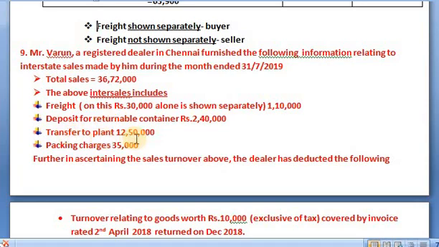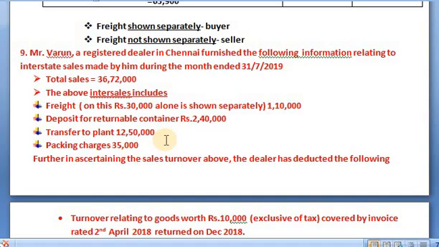Please be very clear. Transfer to plant means if one particular seller has different units or different branches registered in different places, under his own name but with different registrations, which are considered different units or branches, even the transfer will be considered as a supply.